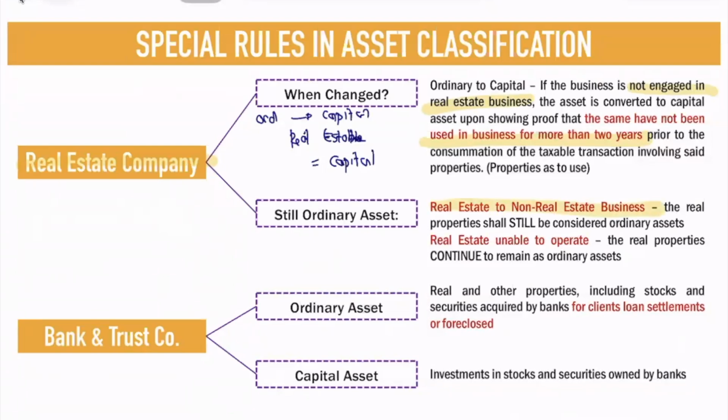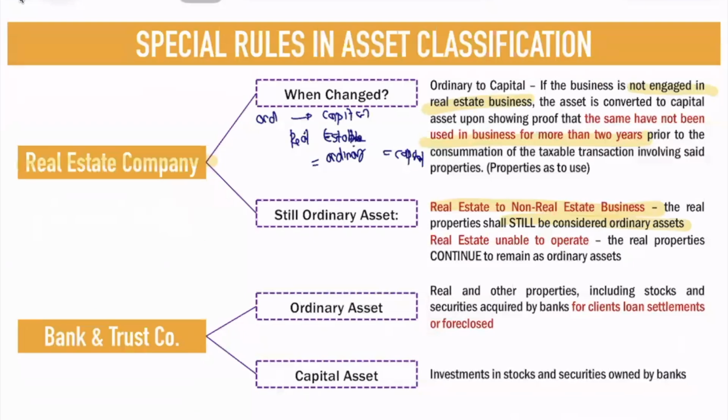Pag real estate ka dati, tapos naging non-real estate ka, take note ha, is still considered as ordinary. Real estate pala, generally, ordinary ang assets mo. Bibihira ka magpapalit into capital.